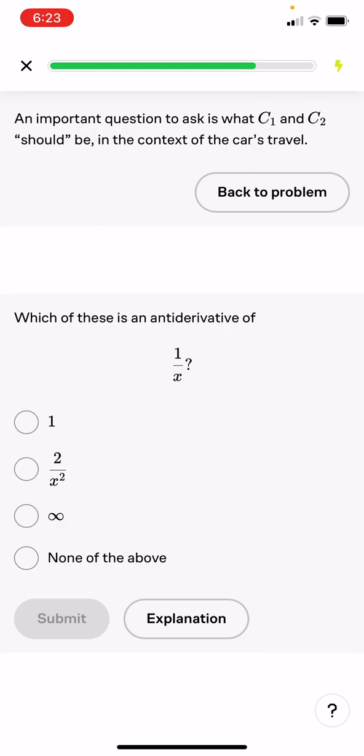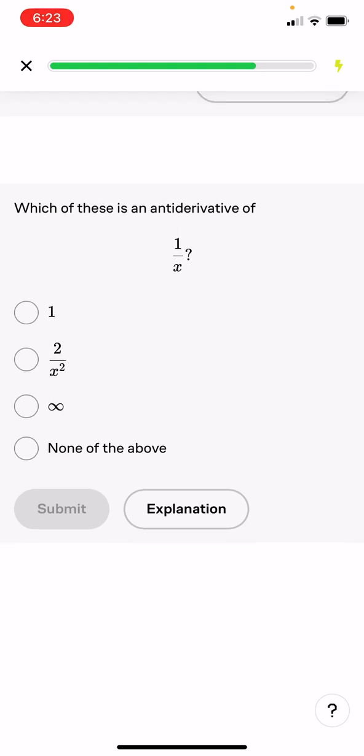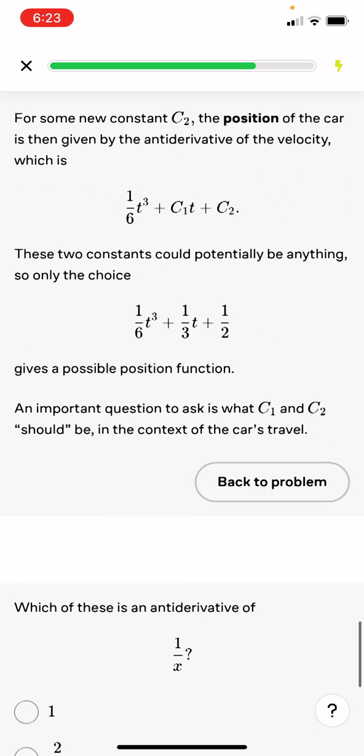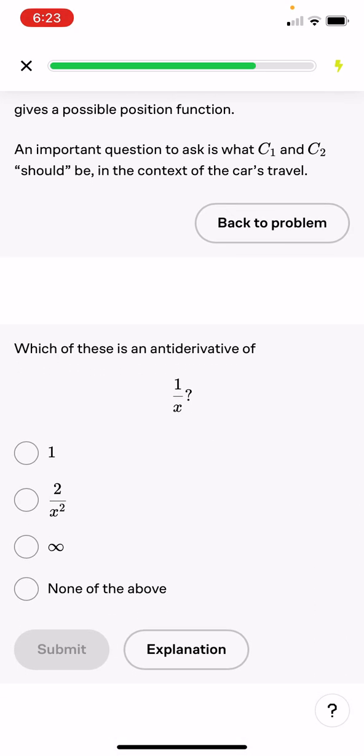And the next one, which of these is an antiderivative of 1 over x? So it would have to be 1.